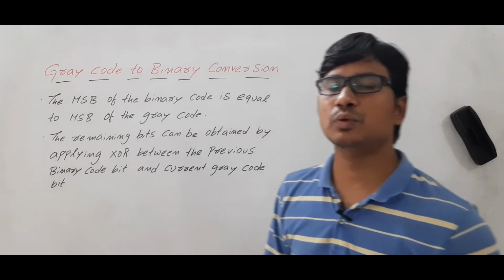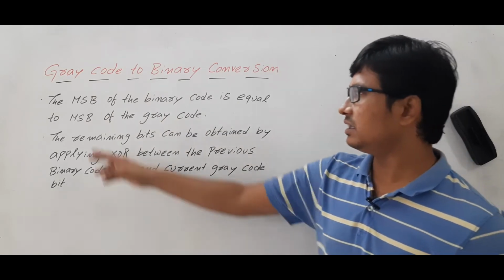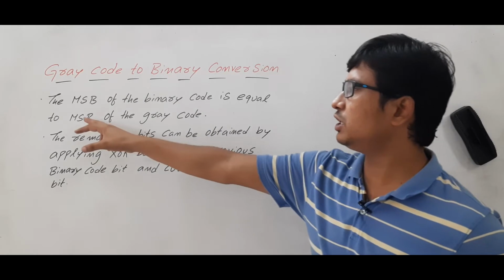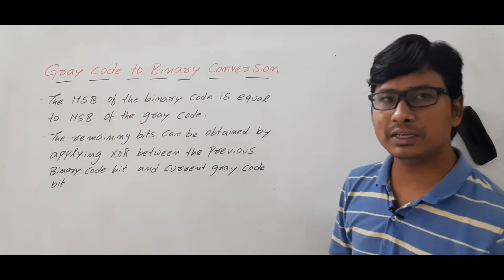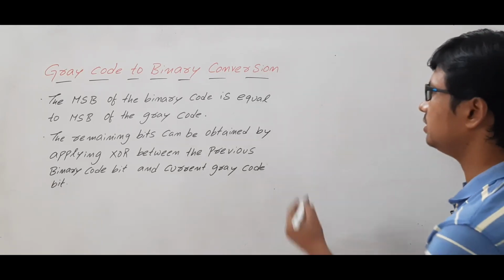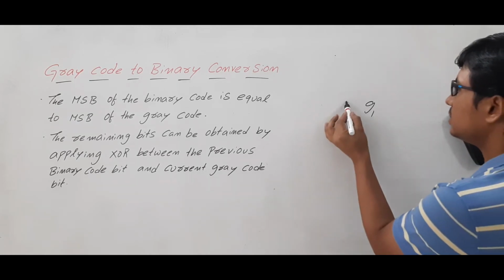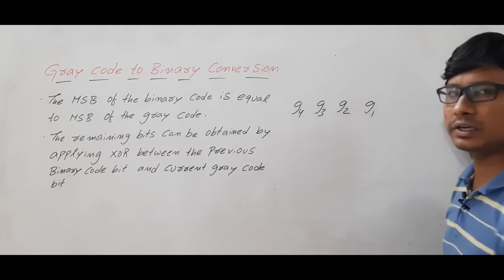Now let me discuss what are the steps involved in gray to binary conversion. The MSB, most significant bit of the binary code, is equal to the MSB bit of the gray code. MSB is what? Most significant bit. Let me discuss with an example. I have a 4-bit gray code G4, G3, G2, G1.